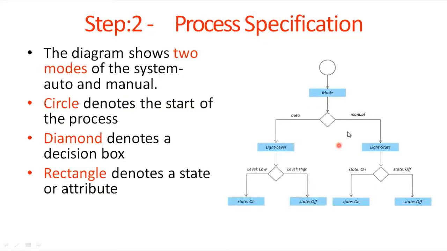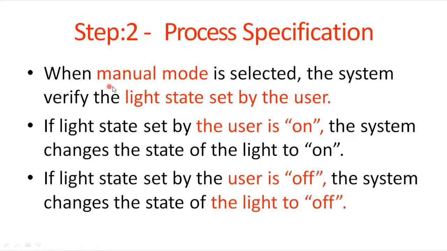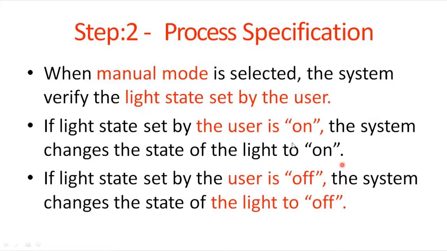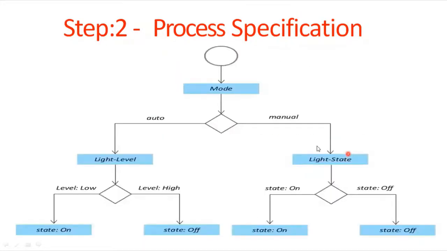Coming to the manual mode. When the manual mode is selected, the system verifies the light state set by the user. How can you represent that? If the light state set by the user is on, the system changes the state of the light in the room to on.